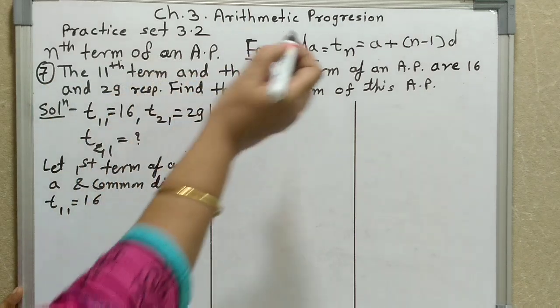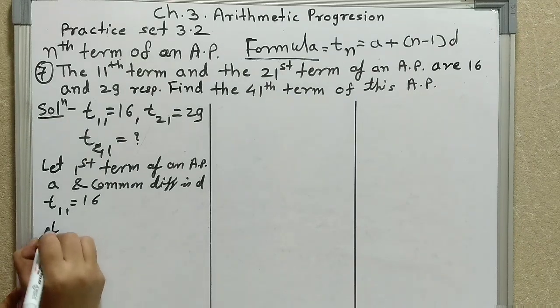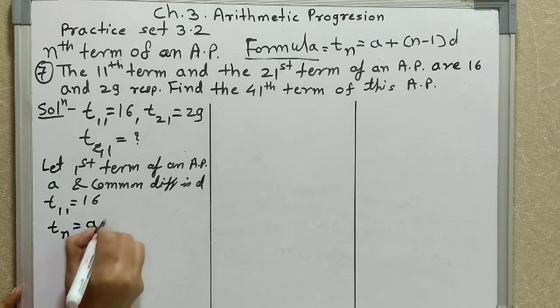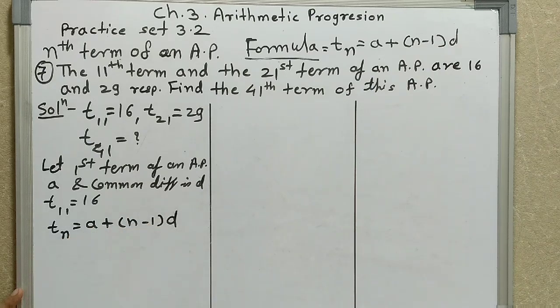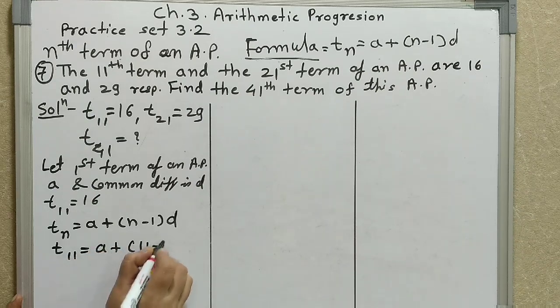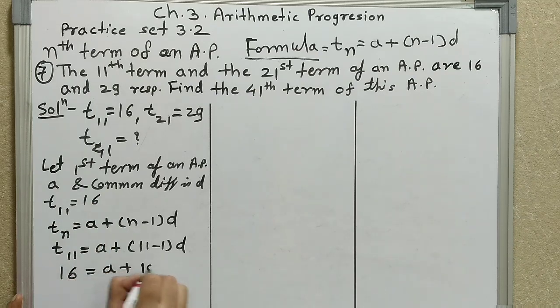Our nth term formula is Tn is equal to A plus (n minus 1) into D. So we write here Tn is equal to A plus (n minus 1) into D. So put the value here. Tn means T11 is equal to A plus (11 minus 1) D. The value of T11 is 16, so we write here 16 equals A plus 10D. Change the side: A plus 10D is equal to 16. This is our first equation.